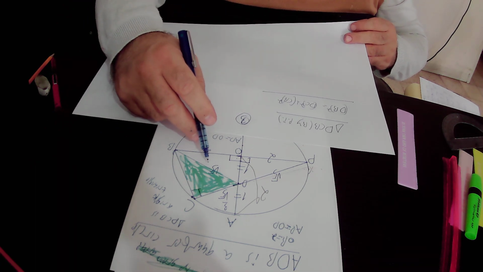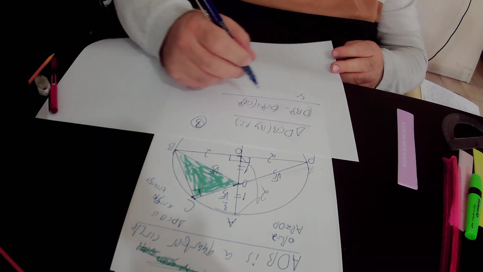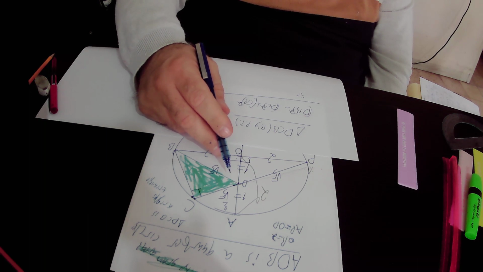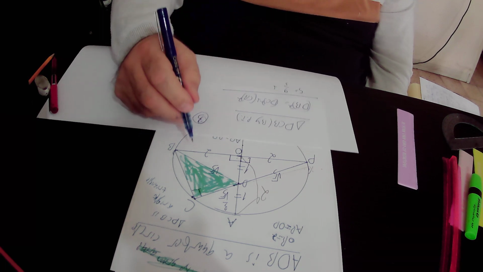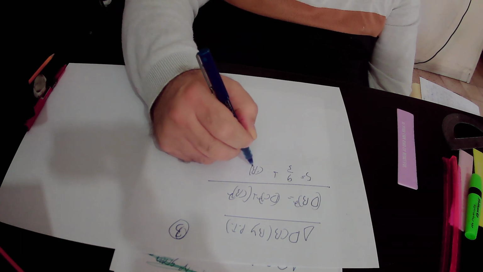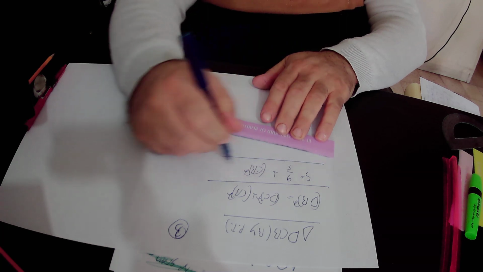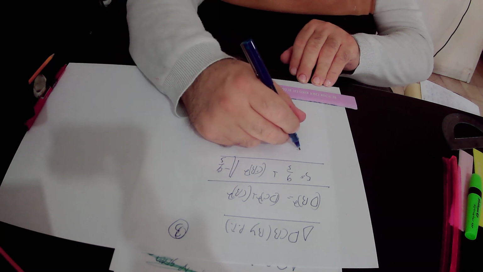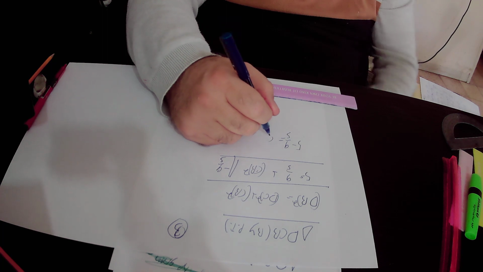DB equals square root of 5 units, so DB square is square root of 5 square, that is 5, it is equal to DC square. DC is 3 over square root of 5, so DC square is 9 over 5, plus CB square. CB is the missing segment, so we leave it as it is. Here we subtract 9 over 5 from this equation, and we get that 5 minus 9 over 5 equals CB square.